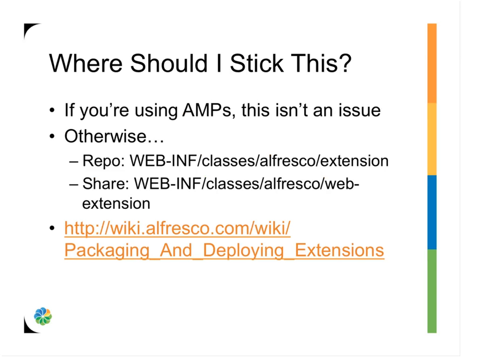So in the repo, those go in WEB-INF/classes/alfresco/extension, and in Share, those go in WEB-INF/classes/alfresco/web-extension. And if you want to know more about packaging and deploying, there is a wiki page for you.